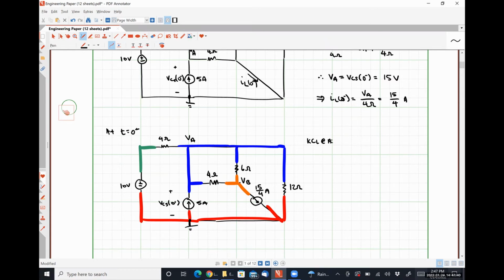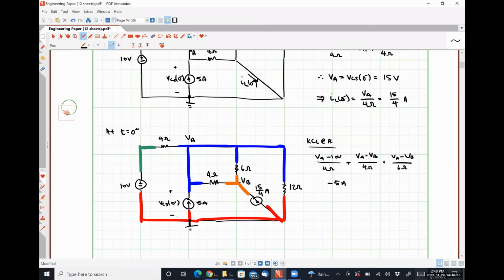So KCL at node A is going to yield (VA minus 10 volts) over 4 ohms, plus (VA minus VB) over 4 ohms, plus (VA minus VB) over 6 ohms. This is all still the same equation.